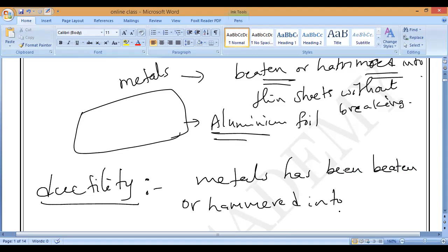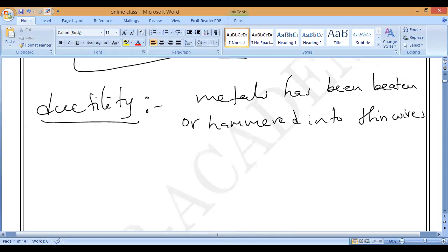Here thin sheets, here thin wires, without breaking, is called ductility. Understand? You have to remember the property which allows metals to be drawn or stretched into thin wires without breaking is called ductility.